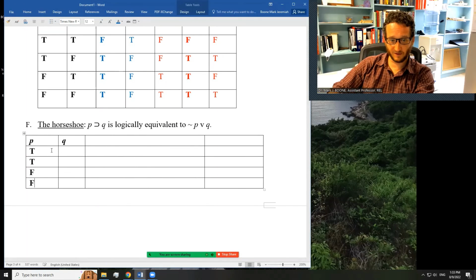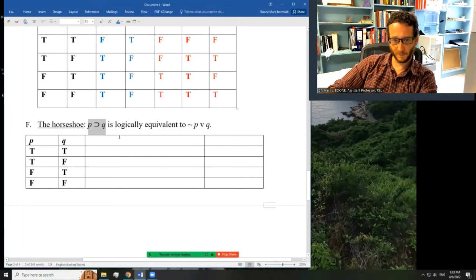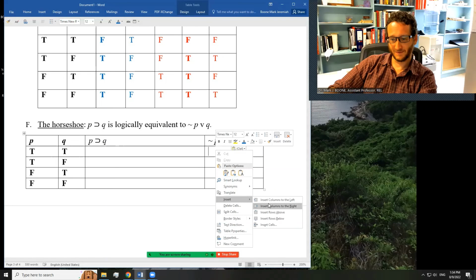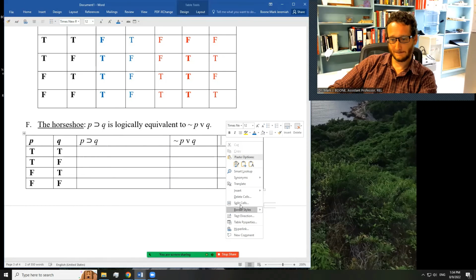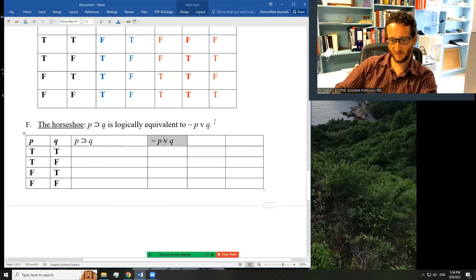And as usual, I feel like filling this in first. It's going to be TTFF and then TFTF. Now P horseshoe Q and tilde P wedge Q. We want an extra column. I think we just might want 2 extra columns.